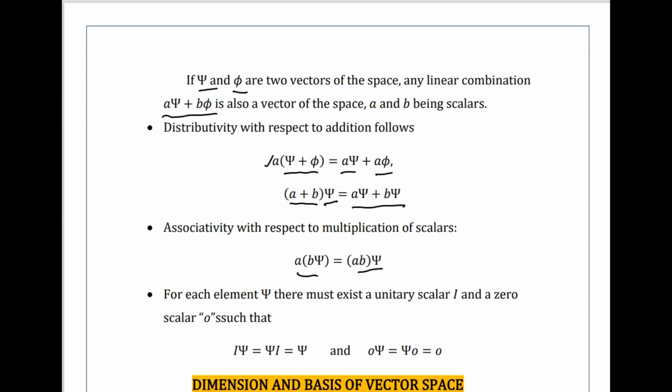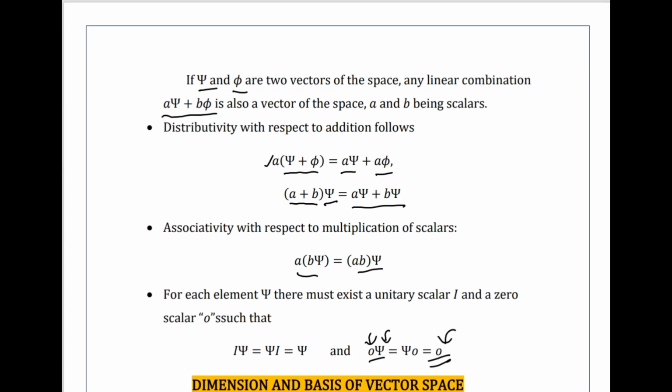And last property, if we multiply zero scalar with any state vector psi, then you will get the null vector. Like 0 is a scalar and psi is a vector, you will get 0 vector.